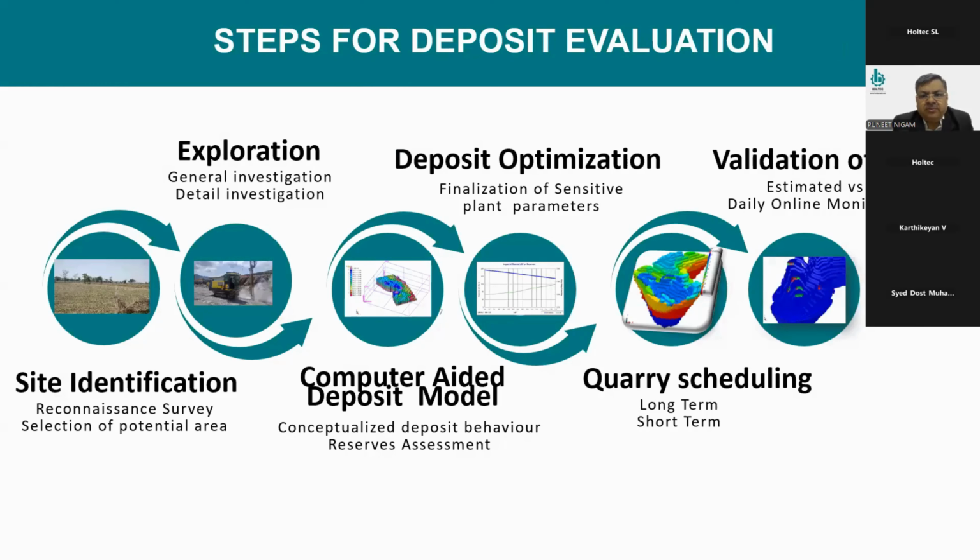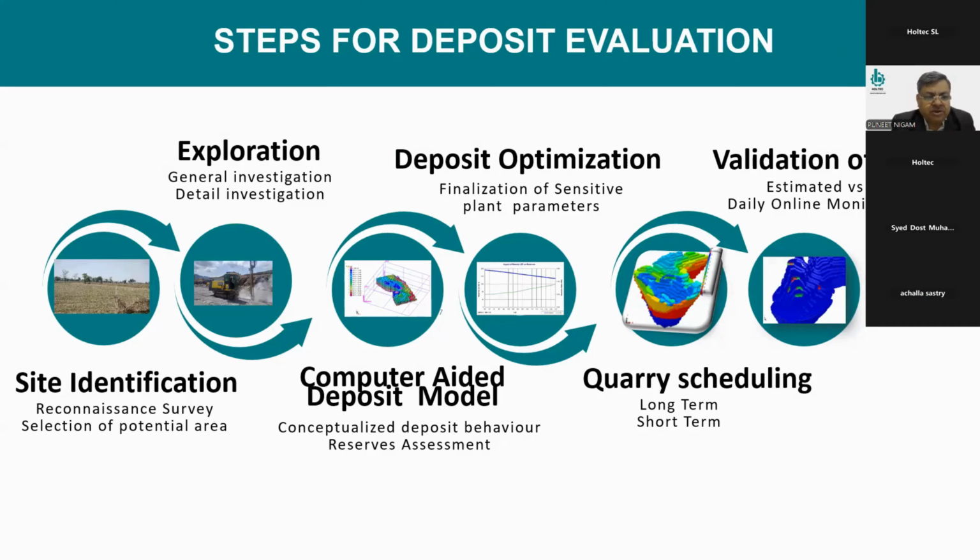Now I'm just giving a brief idea, because these steps we have to follow for AI to be implemented. Before these basic things, we cannot implement AI in the supply of material to the plant. The first is site identification.